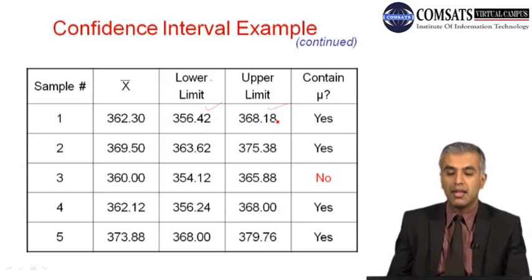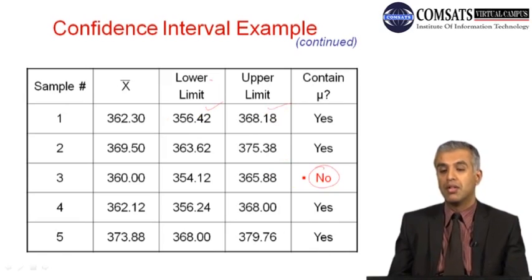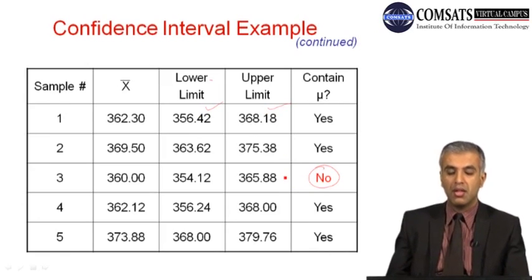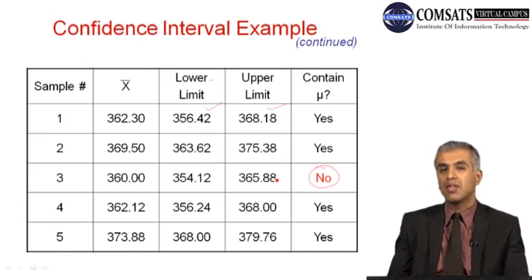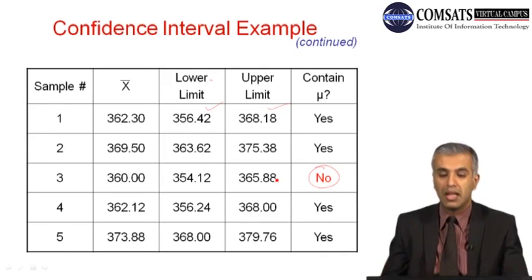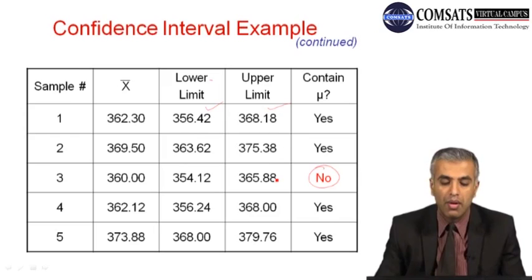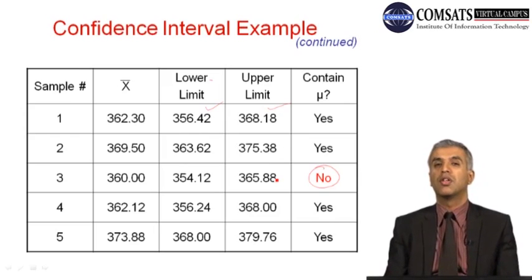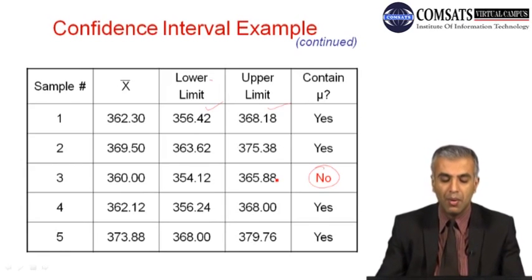But among all these values, there was only one case in which the interval might not have contained our population parameter. Confidence intervals give us a very good idea of how far off we can be in our calculation of the mean value.